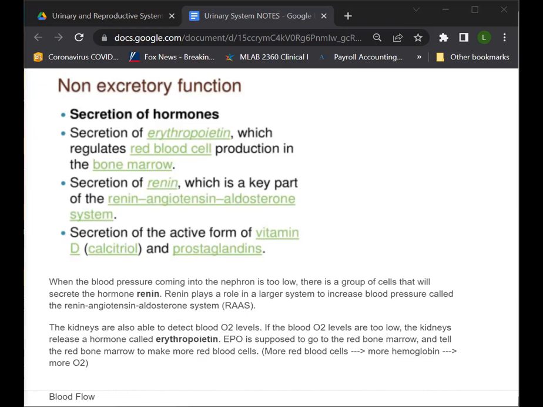Because the idea is that if you increase the number of red blood cells, then you'll increase the amount of hemoglobin. And then if you increase the amount of hemoglobin, that will mean that more oxygen can sit on the hemoglobin. And therefore it would increase the blood oxygen levels.